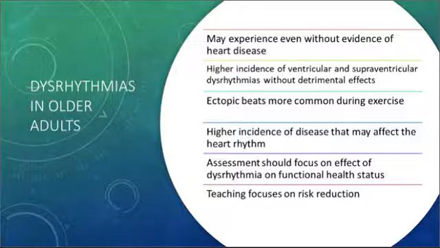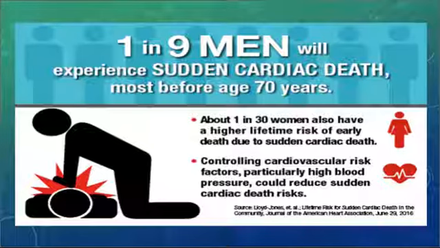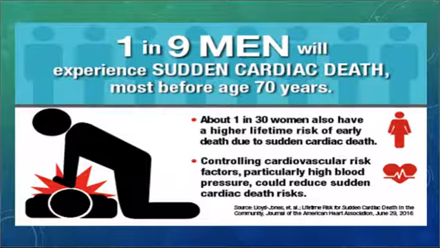Assessment should focus on effects of dysrhythmia on functional health status, and you want to teach risk reduction. 1 in 9 men will experience sudden cardiac death before the age of 70. Sudden cardiac death is death within 1 hour of onset of symptoms. Cardiac arrest is cessation of heart function. Coronary heart disease causes 75% of all sudden cardiac deaths in the United States.